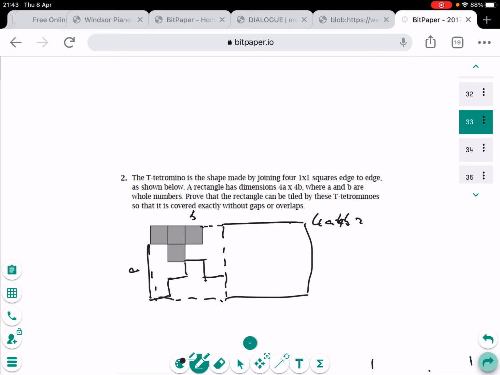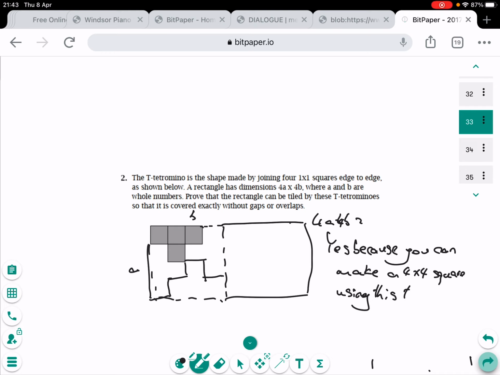Yes, because you can make a 4 by 4 square using this shape.